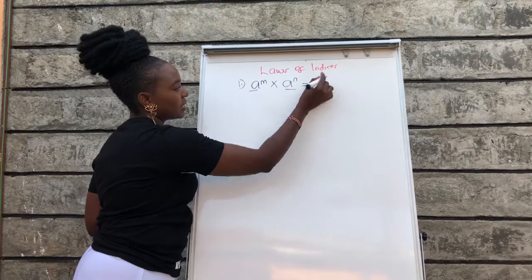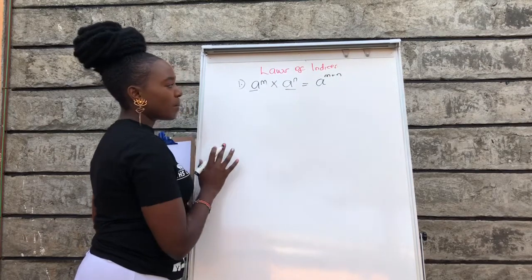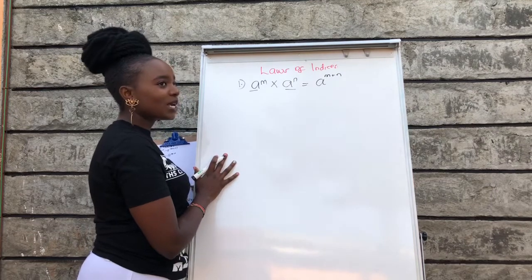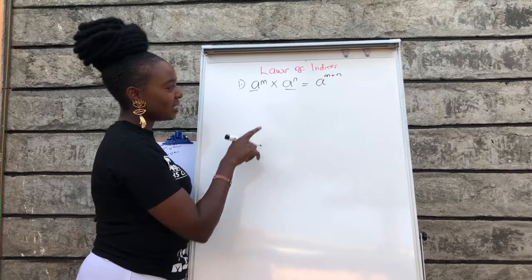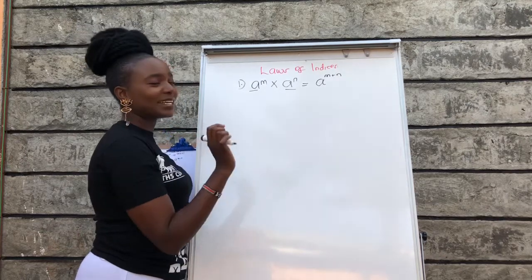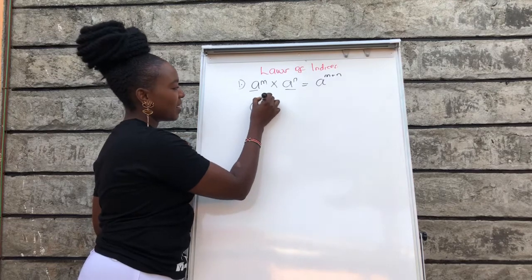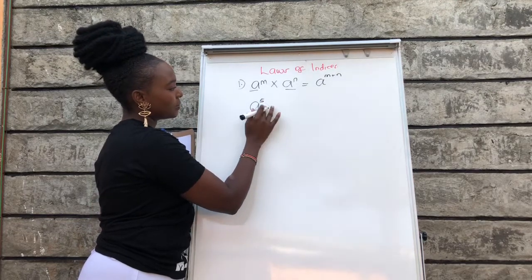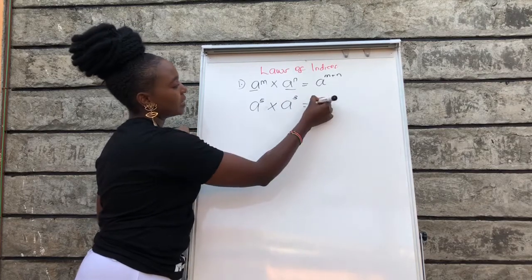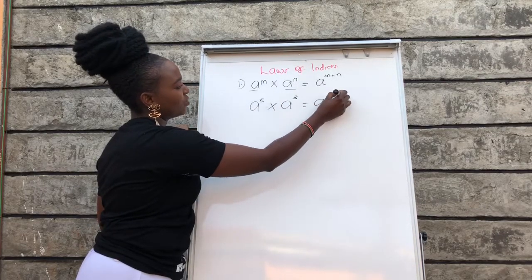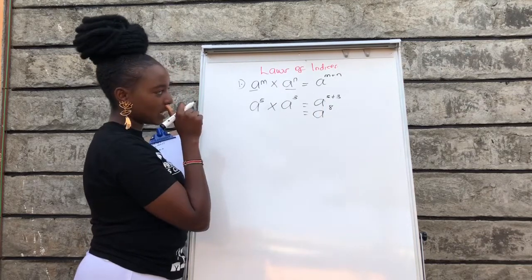So it becomes a^(m+n). Let's assume you've been given a^5 times a^3. This becomes a to the power 5 plus 3, that's a^8. So that's basically how you do it.